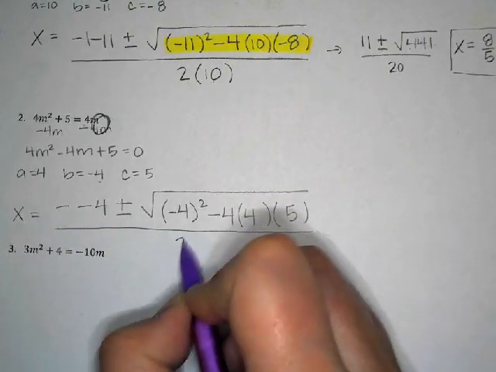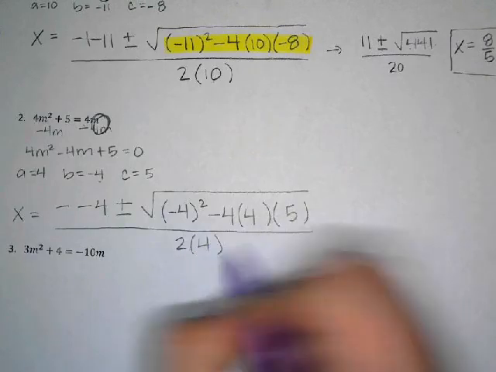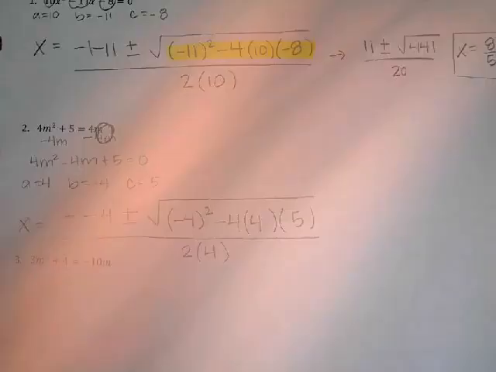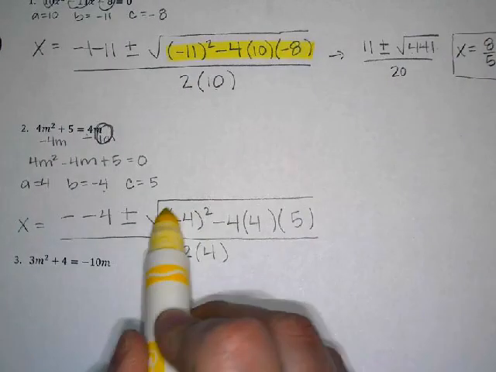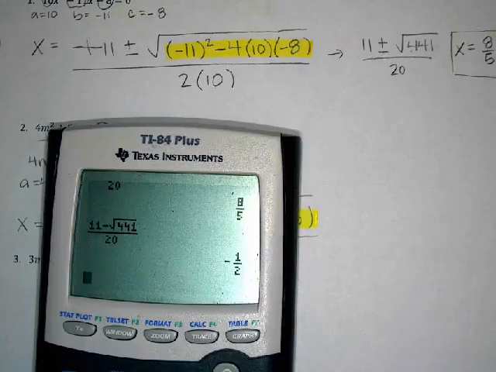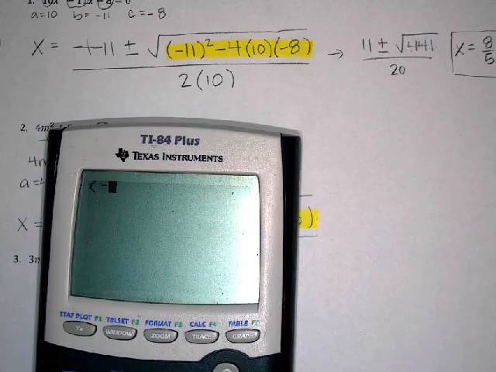2 times 4. Perfect. Okay, so next we're going to take this, and the only part we're going to plug in the calculator is the discriminant, nothing else. So I'm going to grab my calculator. Negative 4 squared minus 4 times a times c.